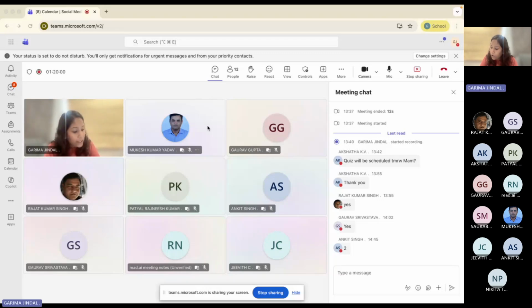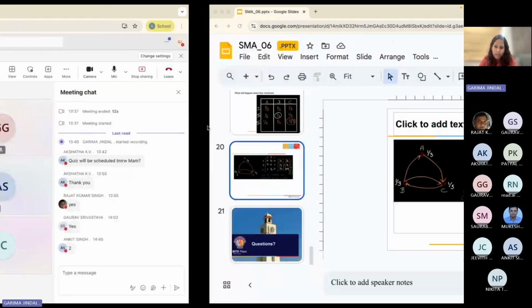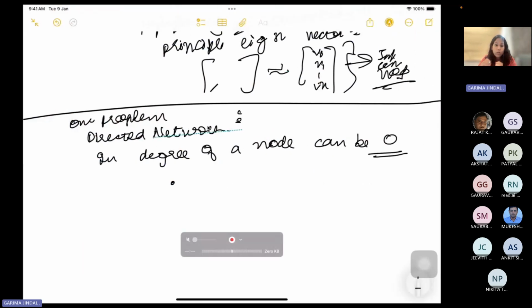If the in degree of a node is 0, then none of the neighbors will be contributing to its importance. According to the definition of eigencentrality, the centrality depends on the popularity of its neighbor. So in this case, we will not be able to calculate the centrality of this particular node.